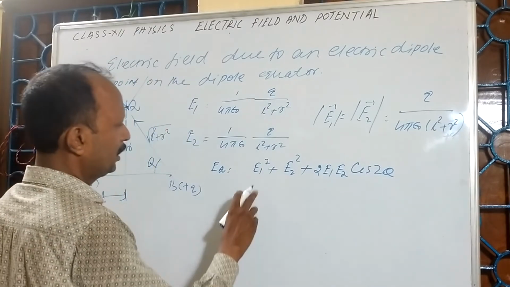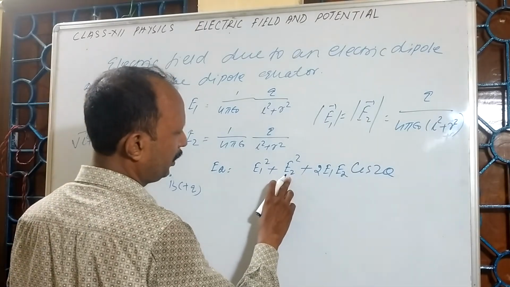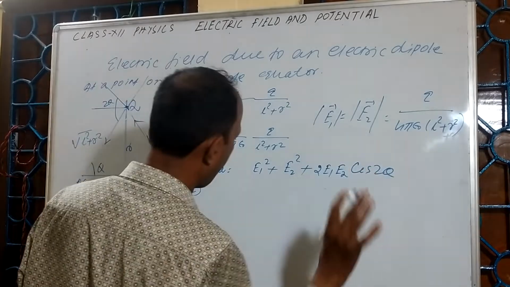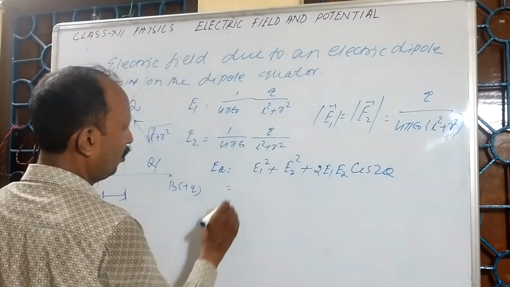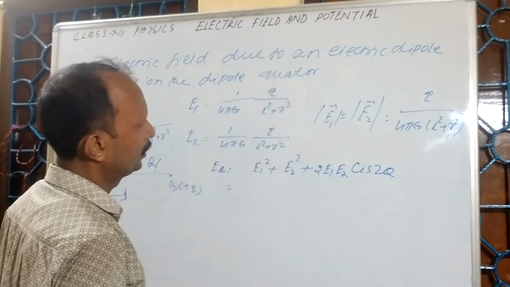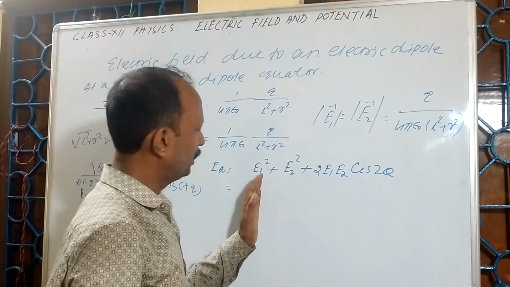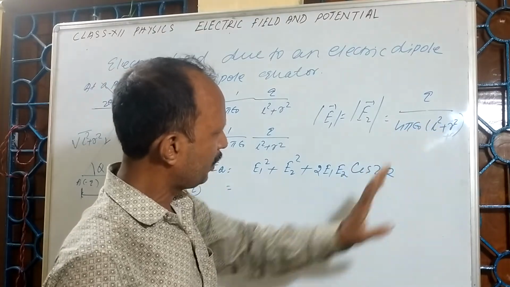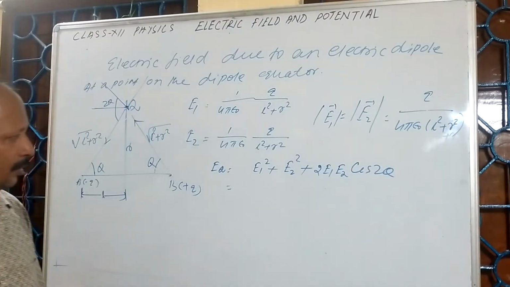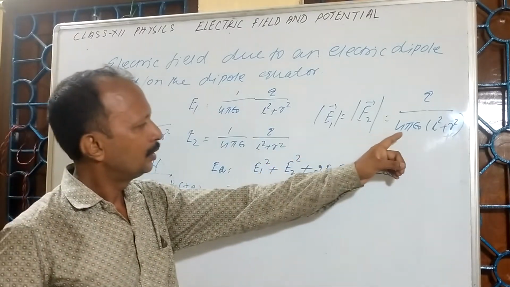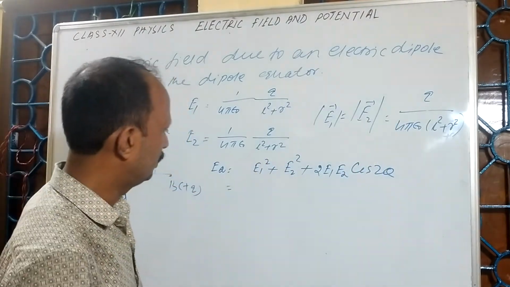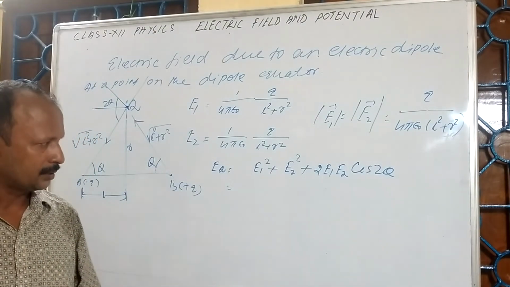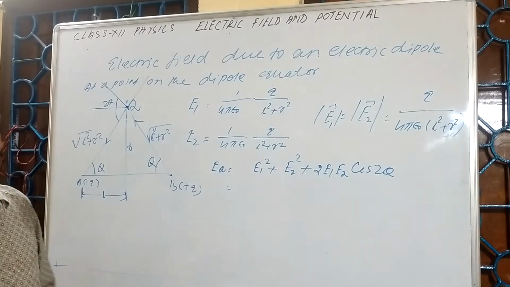So E1 square plus E2 square plus 2 E1 E2 cos 2 theta. So what about E1? E1 is q by 4 pi epsilon naught l square plus r square. E2 is also that one.